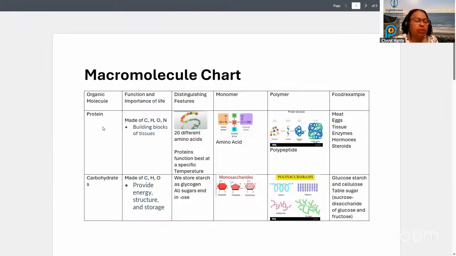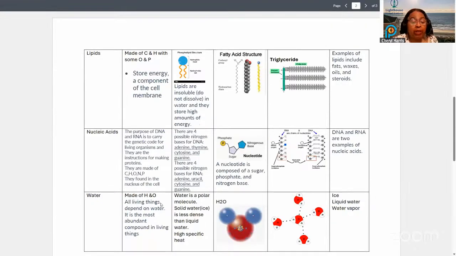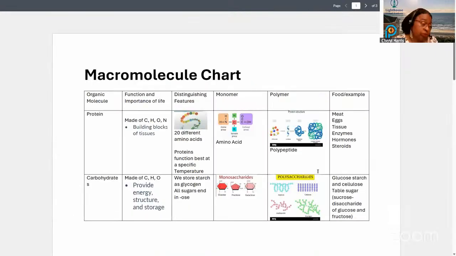The first 4 are considered to be the macromolecules, the protein, carbohydrates, lipids, and nucleic acids. We added water because water is important to all of these structures. We can't do any of these things without the water. Water dehydration synthesis is how we go from a monomer to a polymer. In most cases, we are removing a water molecule in order to link these things together in long chains.